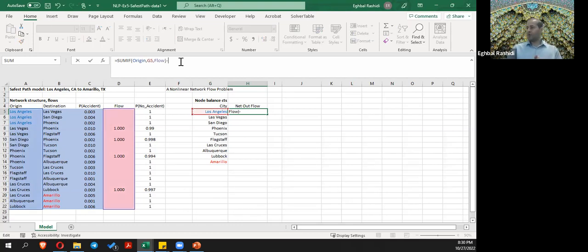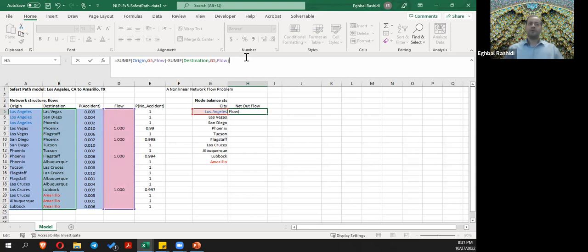I want to also do that for the inflow. That means that instead of Los Angeles being an origin, I want it to be destination. So I want to get all of these flows that come into Los Angeles. Okay, so I'm going to go with SUMIF again. This time I'm going to move to the list of destination city, when Los Angeles is the destination city, and again whether it has been selected or not into our path.